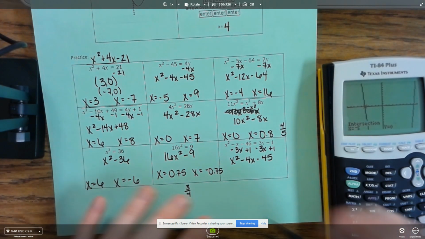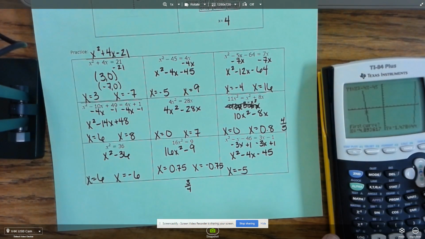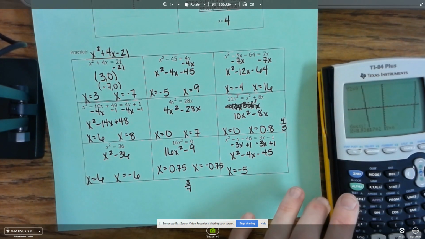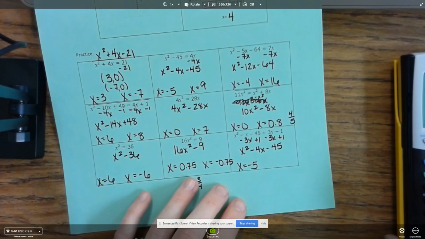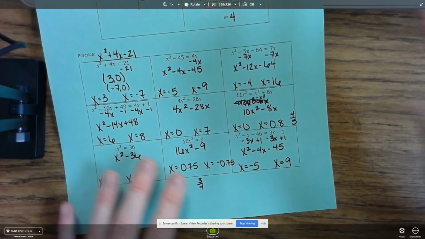So I've got one at negative 5. And then one at x equals 9. So that's it for this video.